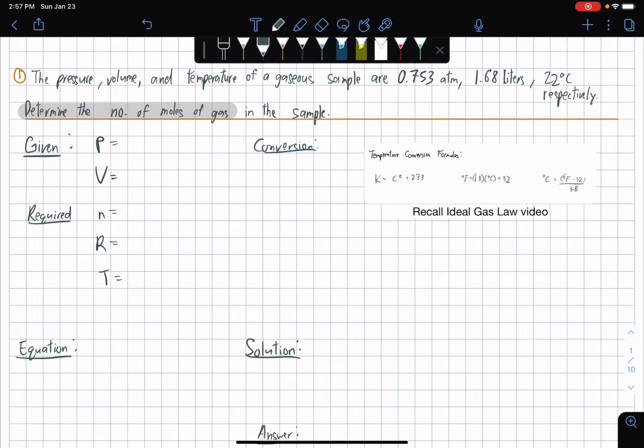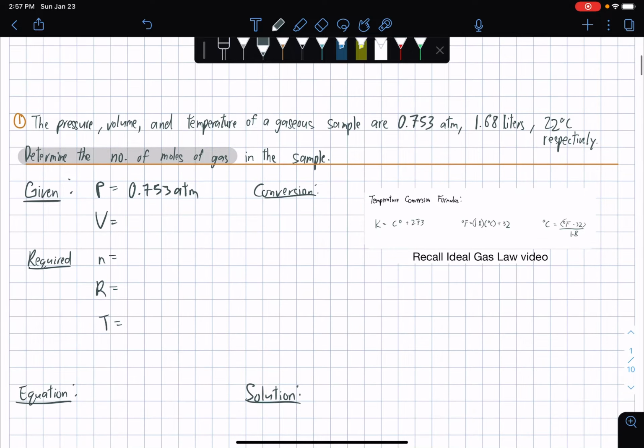Our pressure is 0.753 atmosphere. Why? Because the unit, it's quite obvious already. Once you see the unit atmosphere, it's already understood that the quantity is pressure. So for liters, we have 1.68, the volume. For the mole, exactly, that's what we're trying to find. So determine the number of moles of gas in the sample. So this is a question mark.